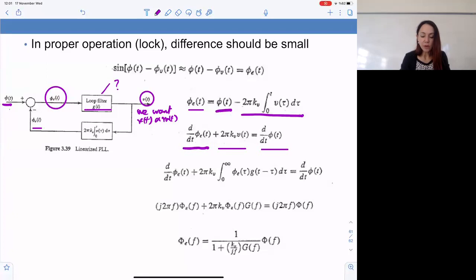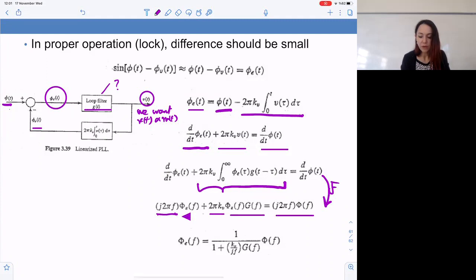So now let's put in the loop filter. Let's express v(t) as the convolution of phi e with the loop filter impulse response. And then take the Fourier transform of this integral differential equation. What do we get? 2 pi jf phi e(f) plus 2 pi kv phi e(f) g(f) equals j2 pi f phi(f).